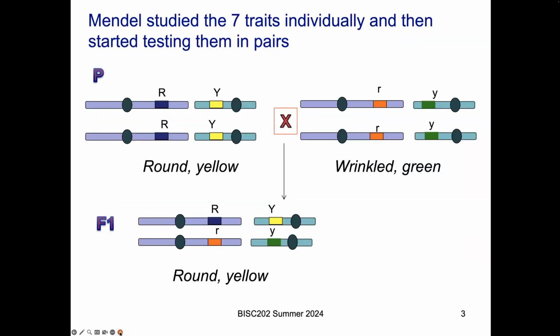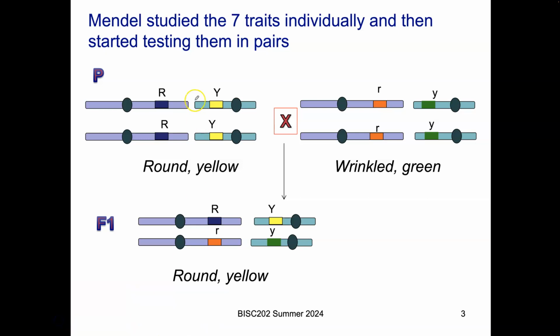So he had studied each of those 7 traits individually, and I'll probably remind you at some point what he found about dominant alleles, and then F1 crossed to each other, giving those 3-to-1 ratios. But then he started dealing with them in pairs, and so we're just going to look at one example. But he did this with all the different combinations.